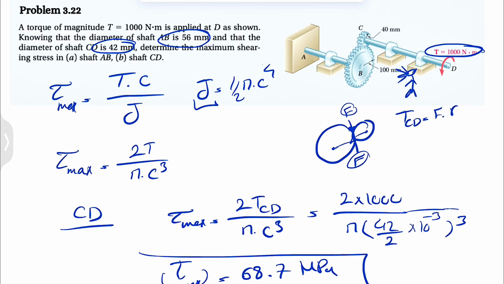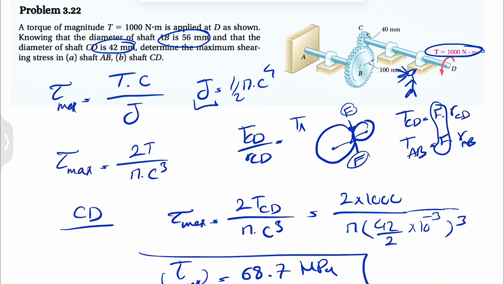For the member CD, you can call it R_CD, and the torque that we have for member AB is going to be F times R_AB. So since these two F's are the same, we can conclude that T_CD over R_CD is equal to T_AB over R_AB, and basically each of them is F. So that's how we're going to figure out the torque in member AB, because we know for member CD the torque is 1000.